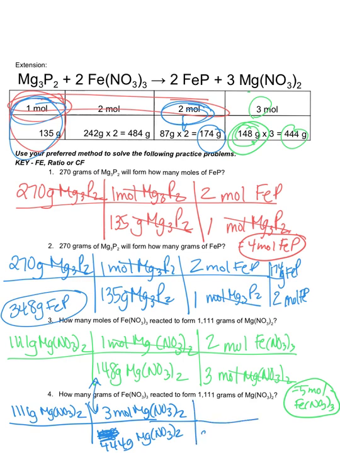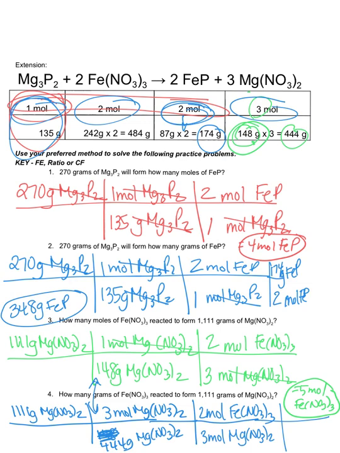Then I'm going to go 3 moles of MgNO3, 2 for every 2 moles of FeNO3, 3. Again, I'm going this here to this here. And then my last step is for every 1 mole of FeNO3, 3, I'm going to use the 242 grams of FeNO3, 3.